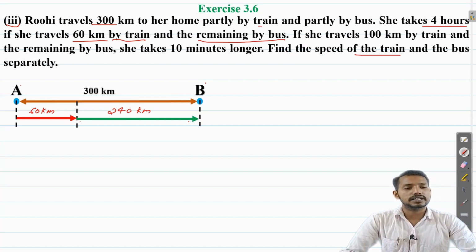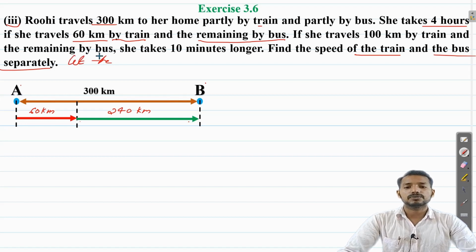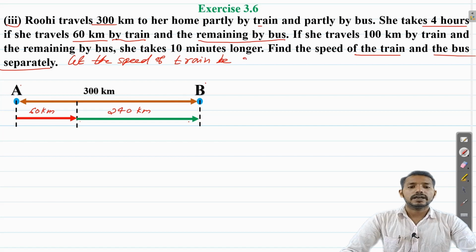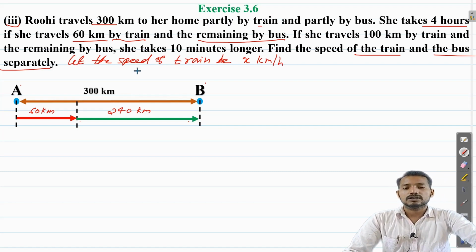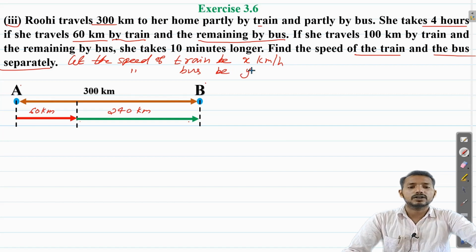Find the speed of the train and the speed of the bus separately. First set up the variables. Let the speed of the train be x kilometers per hour, because time and distance are given in kilometers and hours. Similarly, let the speed of the bus be y kilometers per hour.